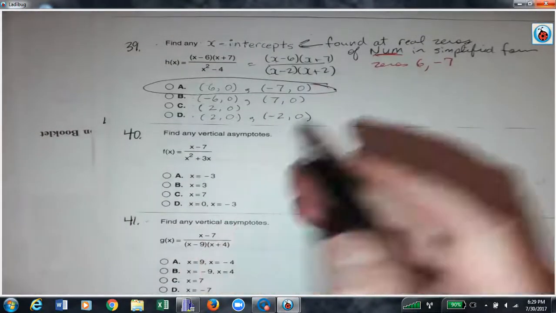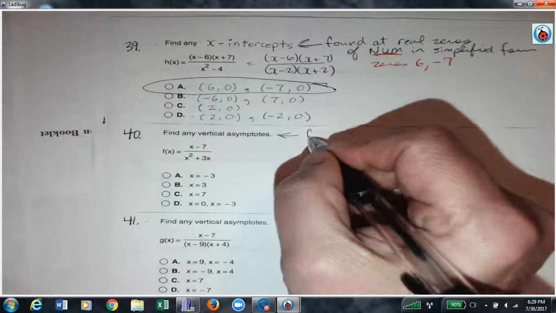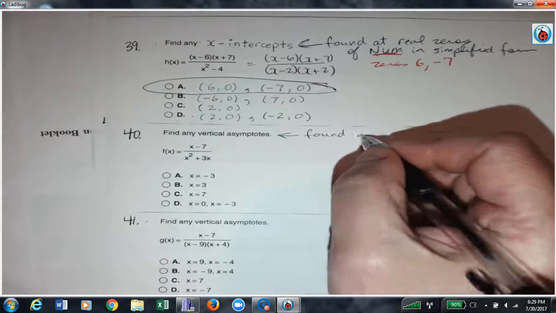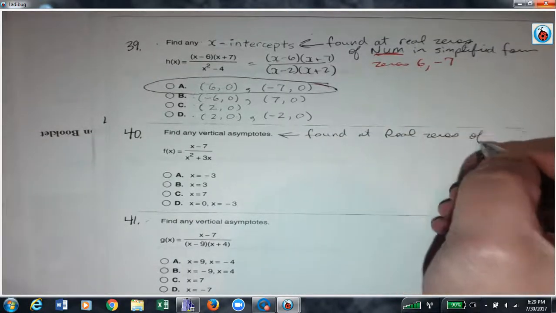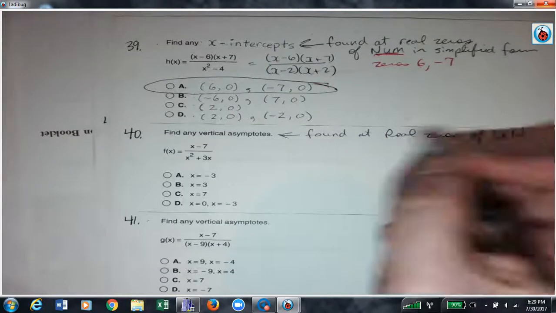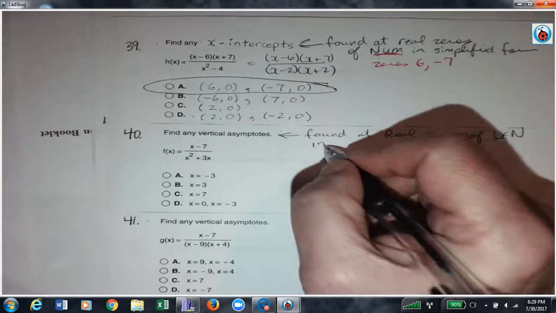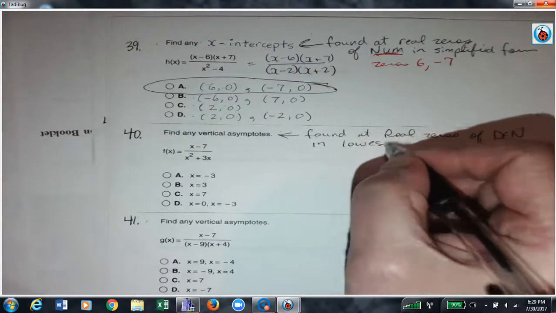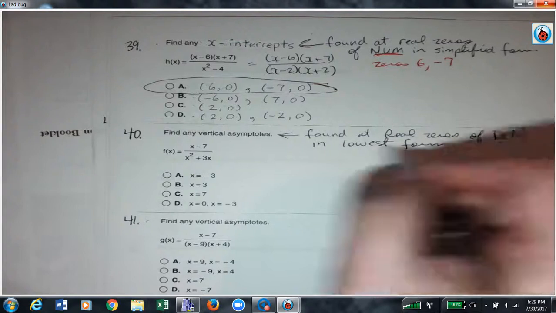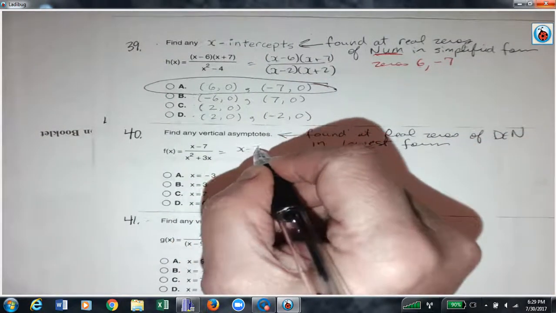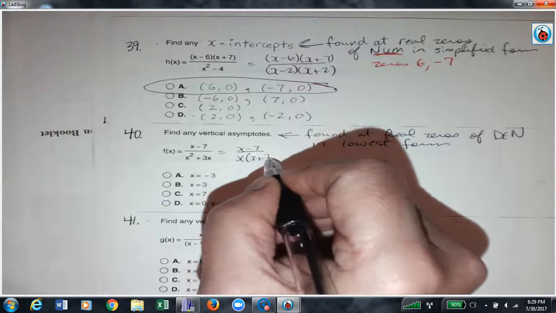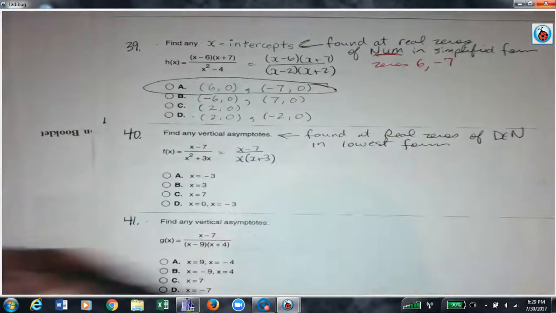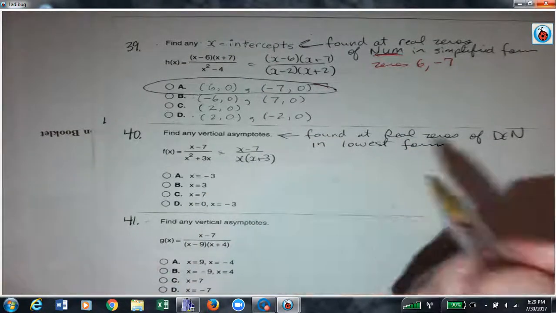Finding vertical asymptotes. Vertical asymptotes are found at the real zeros of the denominator when it's in lowest form. So I can factor out an x here, and there's no cancellation, so it is in lowest form.